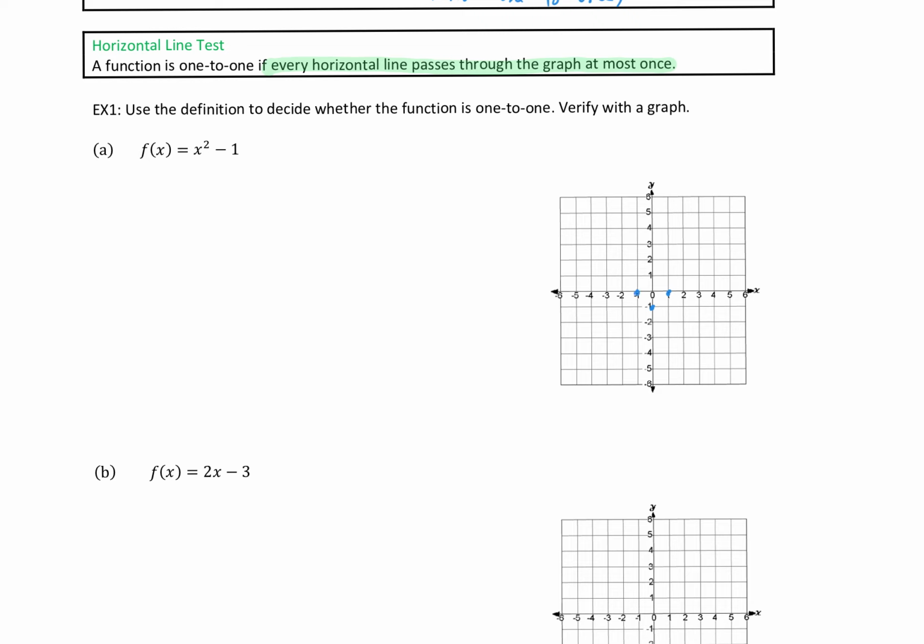If I put in 2, I get back 3. Negative 2 gives me positive 3. And I have my parabola. Notice that if I draw any horizontal line above the vertex, it's passing through 2 points. So I've just shown by a graph that this is not one-to-one.